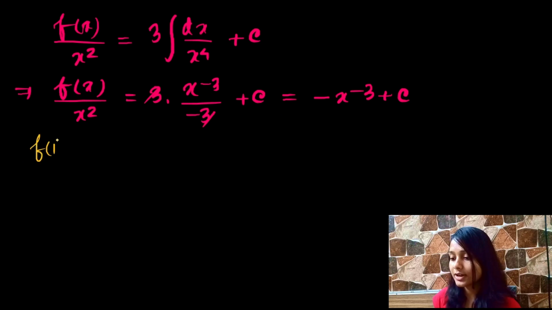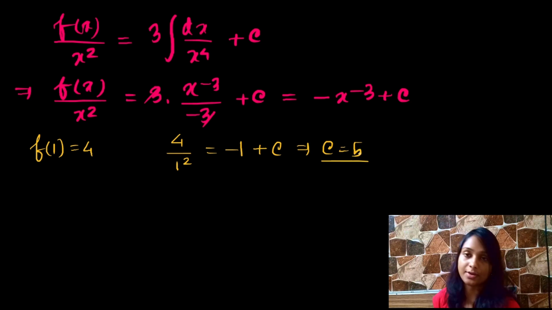So by using the condition f of 1 equals 4 here, we will obtain 4 by 1 square equals minus 1 plus c. So this gives c equals 5.